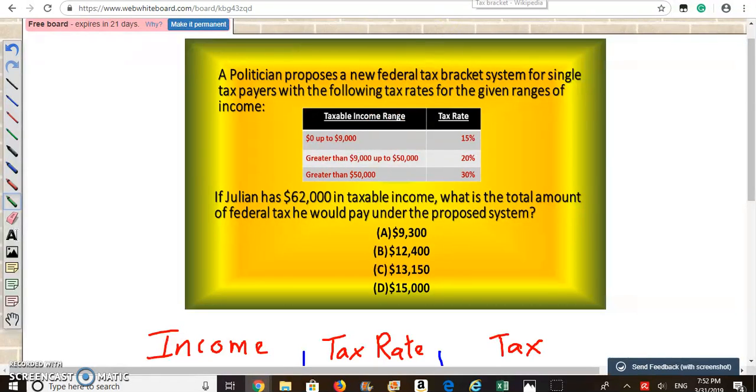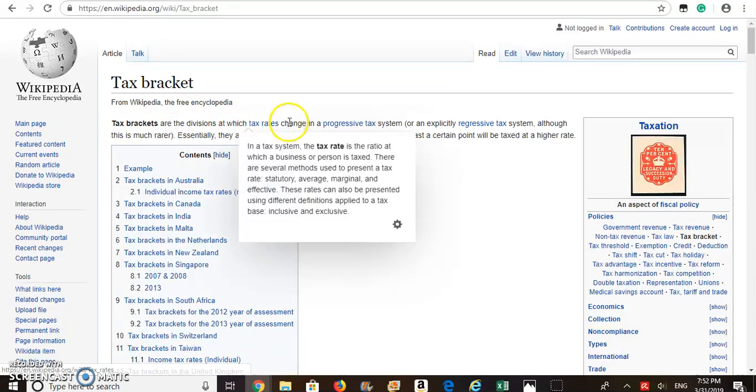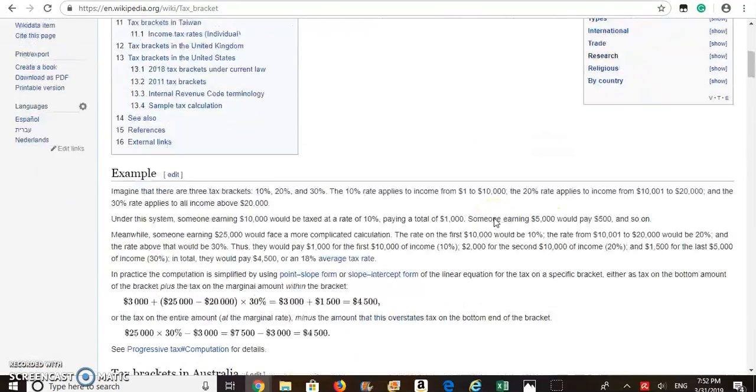So I will suggest you to go to the Wikipedia page for tax bracket and read some important portions. Tax brackets are the divisions at which tax rates change in a progressive tax system. Especially, you can just go through the example. Here, I am not going through this because anyway we are going to apply this procedure in solving the problem.